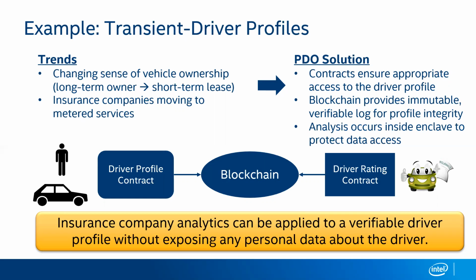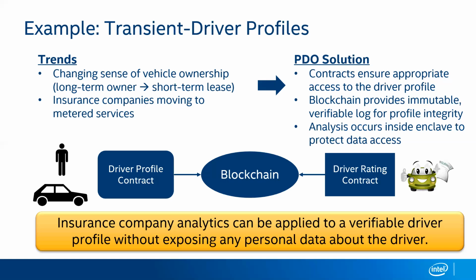The insurance companies can create a contract that does rating of the drivers. We're able to connect the driver profile and the rating contract through a secure channel so that the driver profile information is never exposed. The driver gets to decide which contracts it wants to rate him or her.